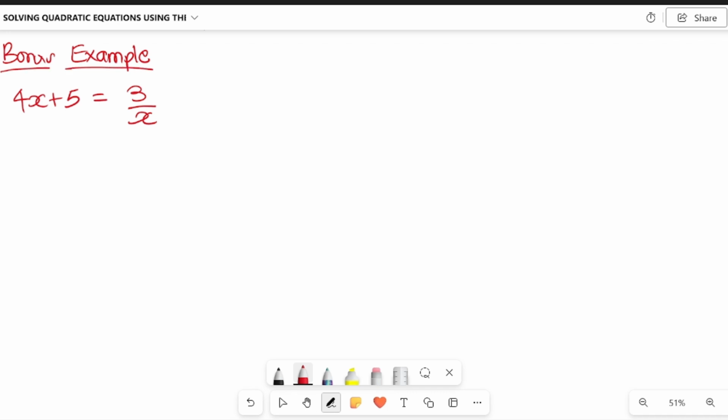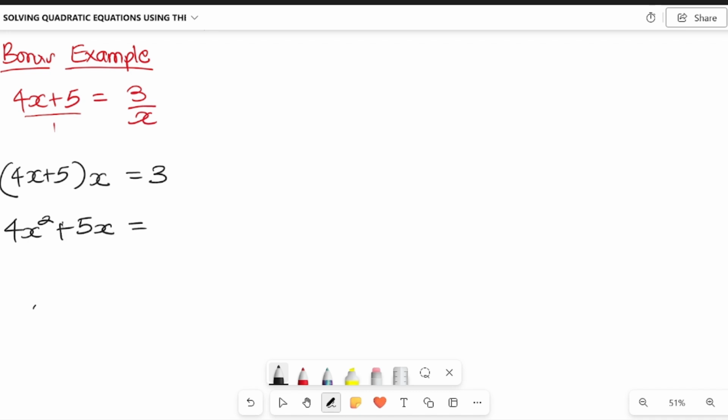Great. Similar to the previous example, the first step involves cross multiplication to be able to place it in the form of the characteristic equation we had. So that would be 4x plus 5 multiplied by x equals 3 times 1, which is 3. So this is 4x squared plus 5x equals 3.